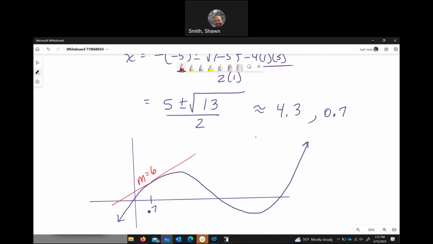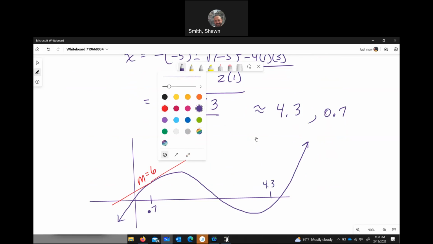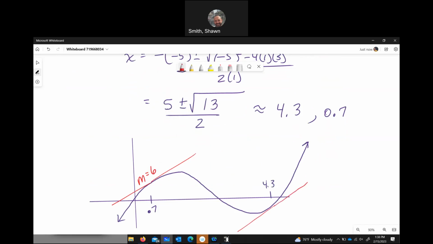And at 4.3, that's this one over here. Actually, a little bit further. Right there, perhaps. It's going to be parallel, right? To this one. So this red line and the next red line I draw are parallel lines. Same slope.